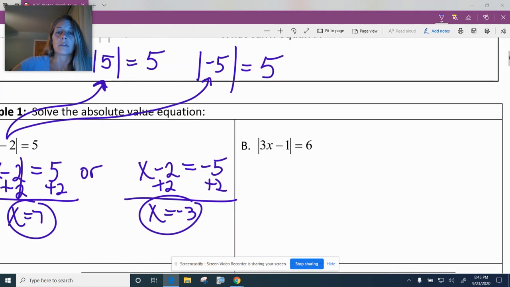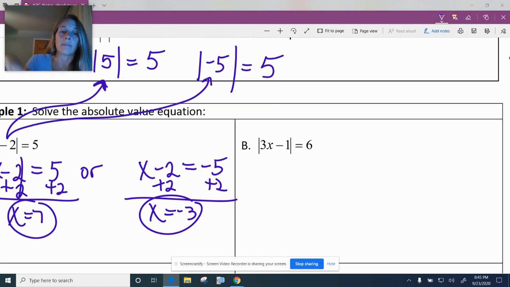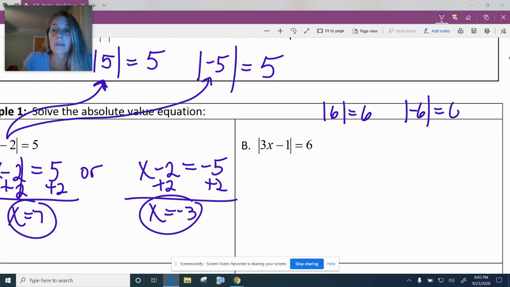All right, so here's another example. This time, it's going to equal 6. This means whatever is in these absolute value bars could be 6, because the absolute value of 6 equals 6. But this 3x minus 1 could also be -6, because that would also equal 6, or be 6 units away from 0, or have a distance of 6.